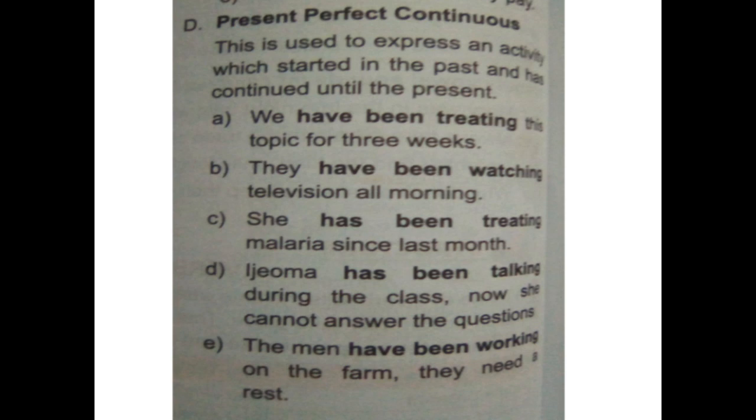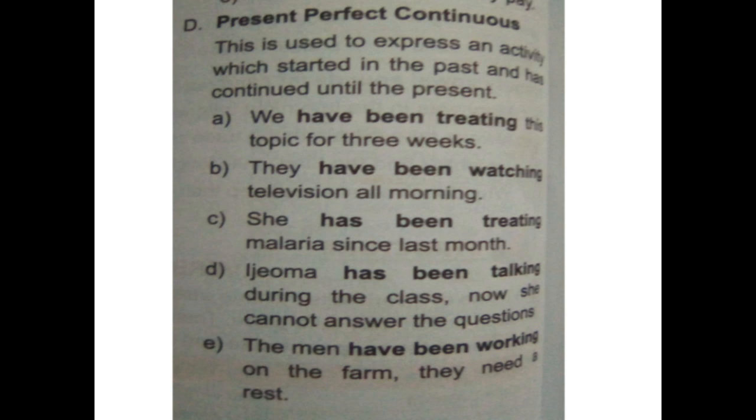This is an aspect in the grammar that we need to really pay attention to. It is as if it started in the past and it continued onto the present.